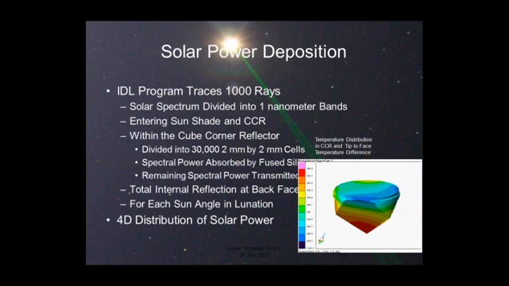Some of them are totally internally reflected, and so they go back out again, and we have to track that. Others break through and heat the pocket behind the corner reflector. This then gives us a 3-dimensional plus time distribution of the heat loads in the CCR.